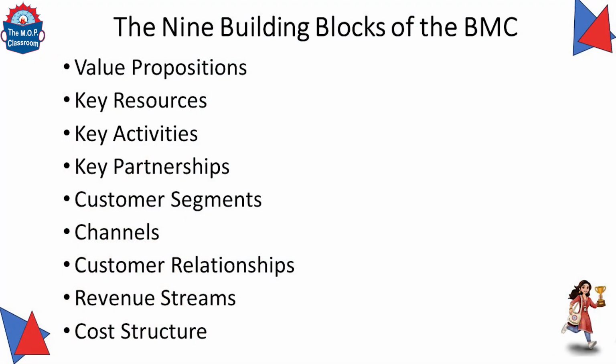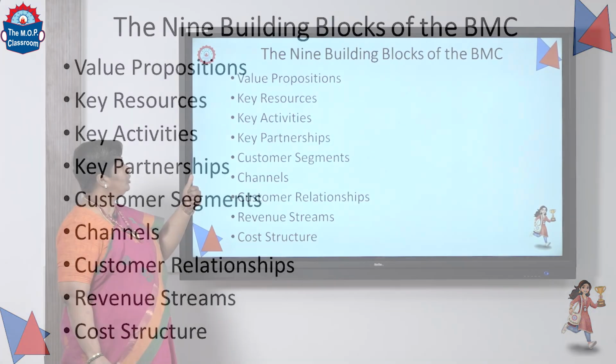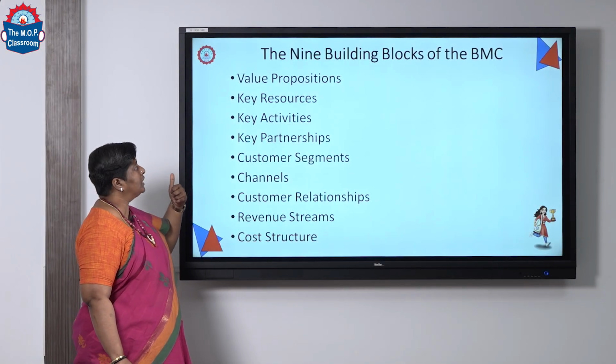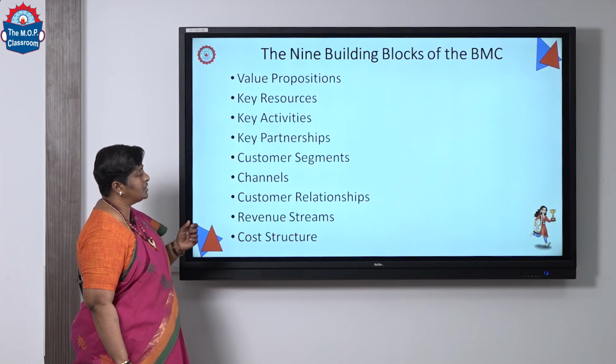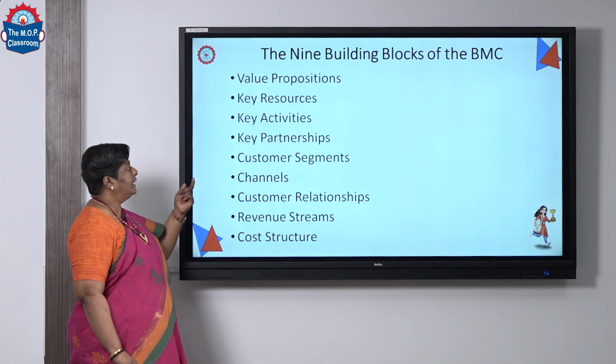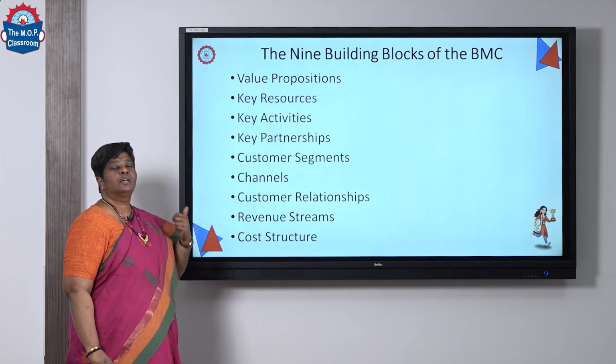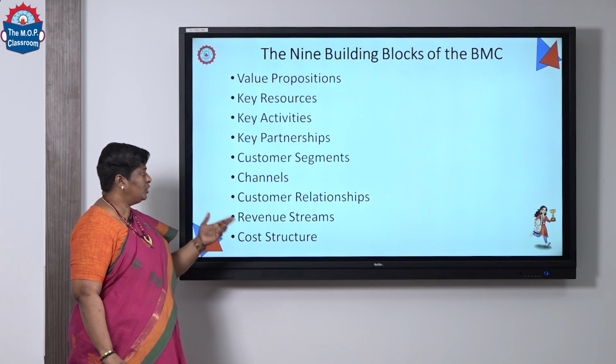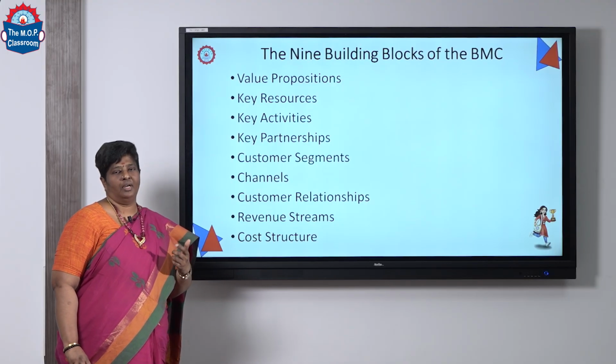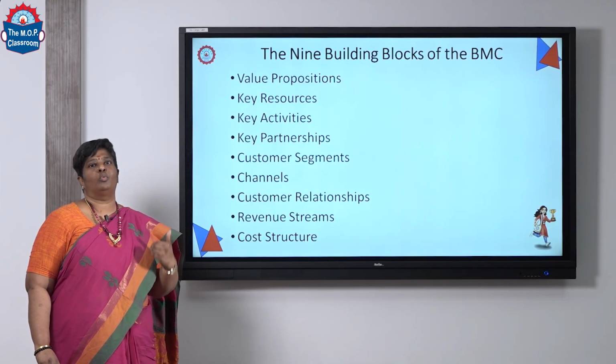So let us see the 9 blocks of the business canvas model. We start with the value proposition, then we move on to the key resources, key activities, key partnerships, then customer segments, channels, customer relationships, revenue streams and cost structure. We will see one by one what it is.